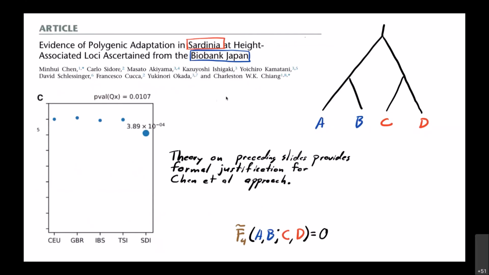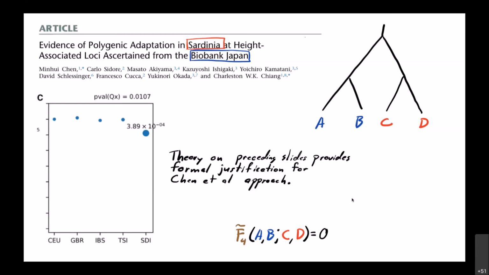And that is precisely the justification that this paper was relying on. They are assuming or hoping that if there are environmental effects in this Biobank Japan population, they correspond to these A-B-like comparisons in this particular tree, and that the Sardinia versus mainland comparisons they're making correspond to these C versus D comparisons, and that there is no overlap in population structure, so that even if these biases exist, they show up as noise in the adaptation test.